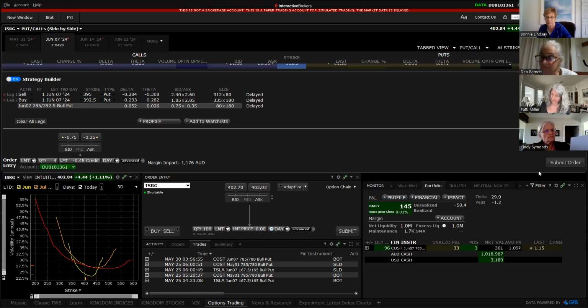What we're looking for in our trade is we want at least that amount of credit. So we're doing a 2.50 credit spread, right? Because the numbers I have on here are 395 and 392.5, which is a difference of $2.50.